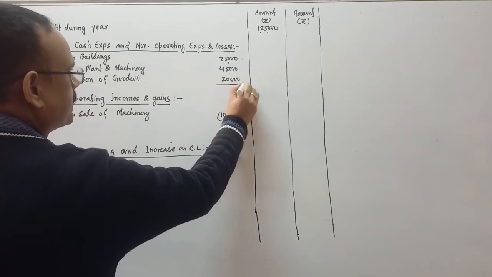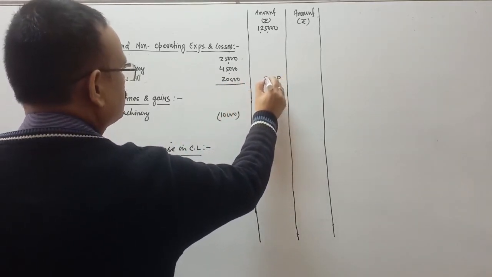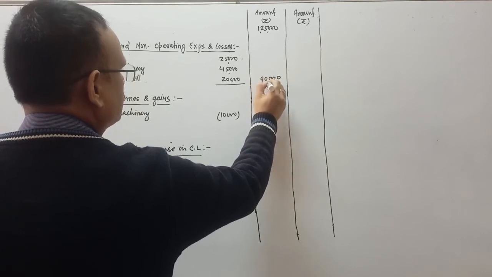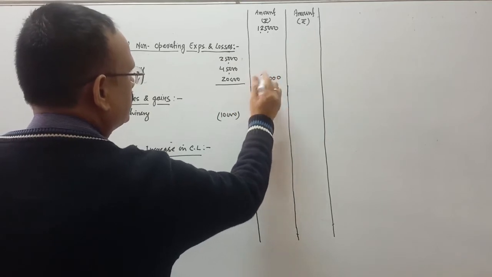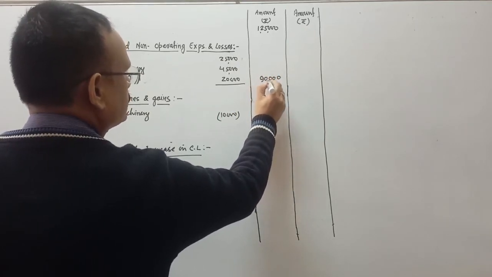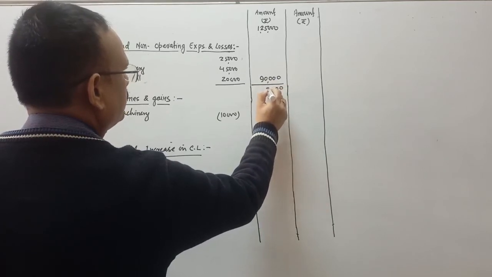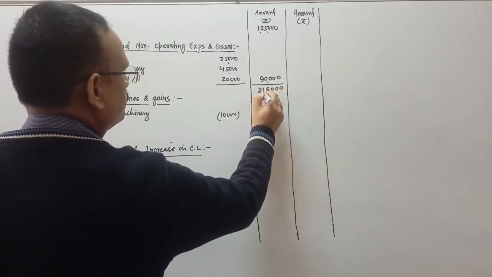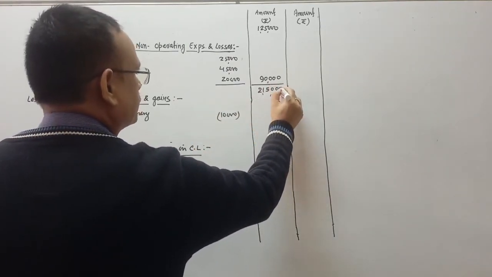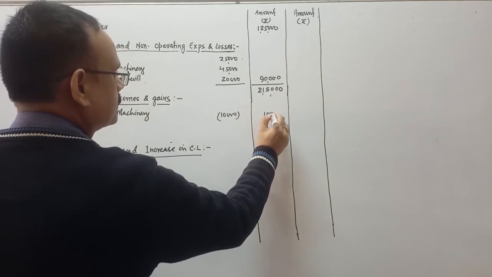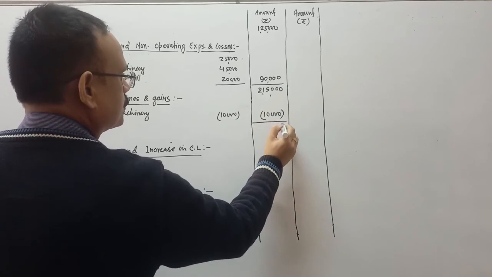So this one is total A. This total is 90,000. Yes, it is 90,000. So add this one, so it becomes 2,15,000. Thereafter, you deduct 10,000.